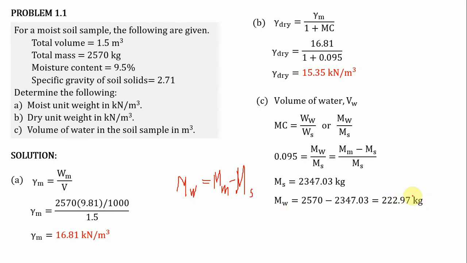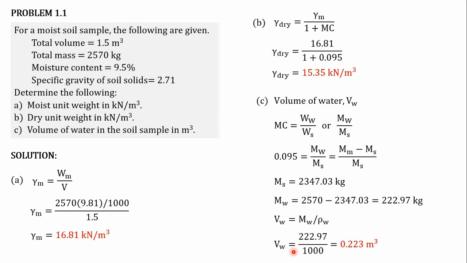This is now the mass of water. Next, the volume of water is equal to mass of water divided by the density of water, which is equivalent to 222.97 kg divided by 1,000 kg per cubic meter, which is equivalent to 0.223 cubic meter. And this will be our final answer.